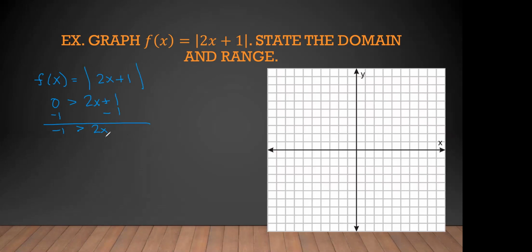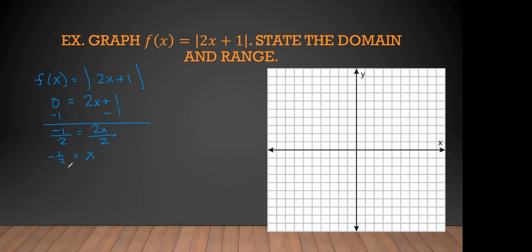This would be 2x equals -1, divide by 2, and then we get -1/2 for x. Sorry, this should be equals. I don't know why I was doing absolute value.